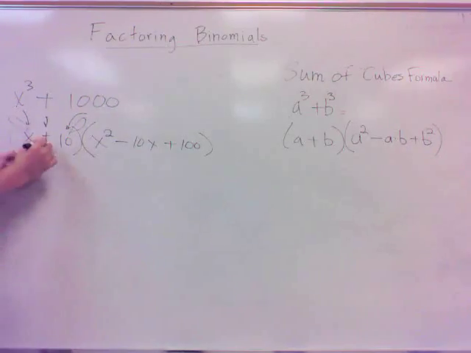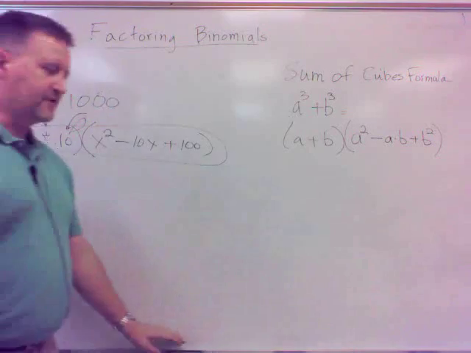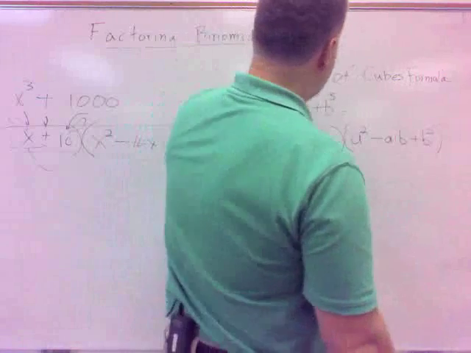Really, it's just the opposite sign of what you start with there. Okay? Questions or concerns? And again, it works out. If you multiply it all out, the middle terms do drop away. So it does work out.